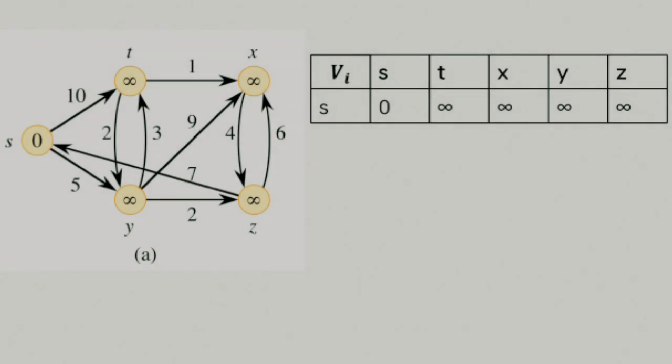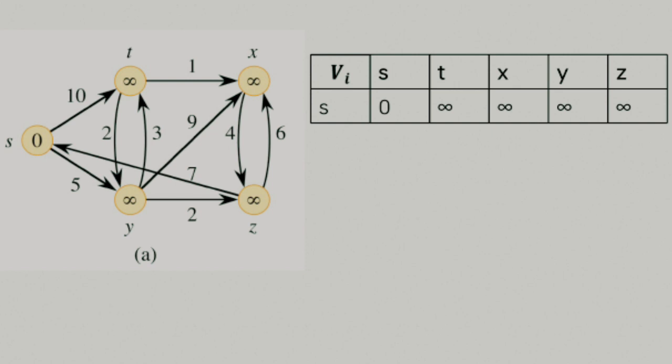Let's discuss the algorithm with the help of an example. There are two methods in which you can represent the steps of the algorithm. The steps can be expressed as a graphical representation as shown on the left, or as a matrix representation as shown on the right. In this example, we take the vertex S as the source vertex.